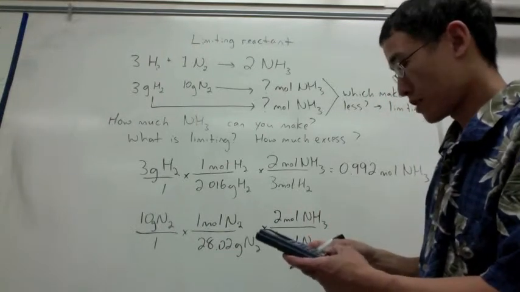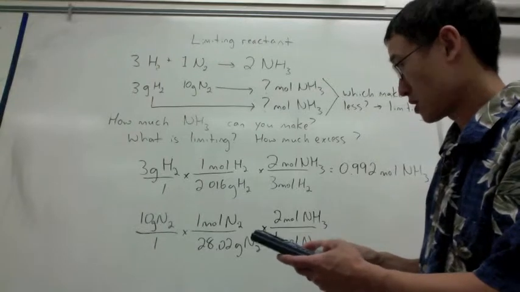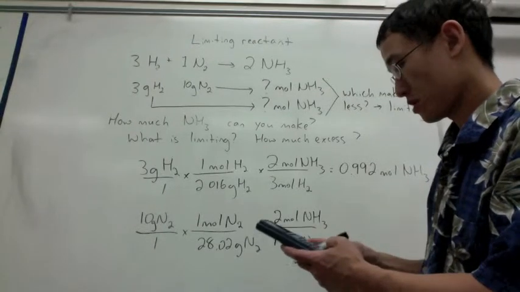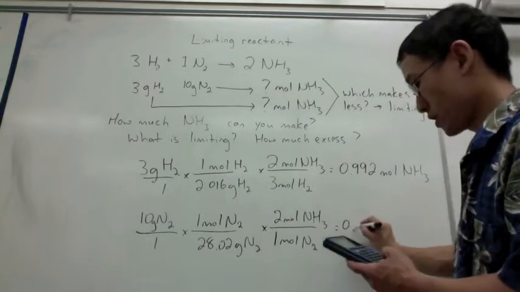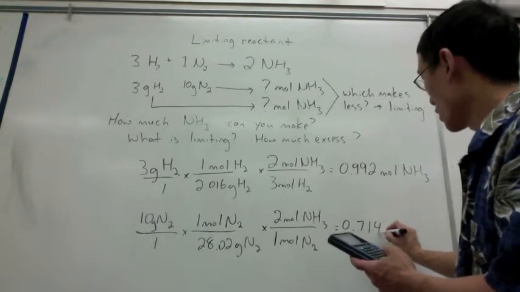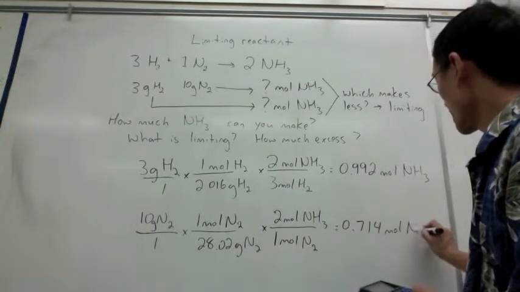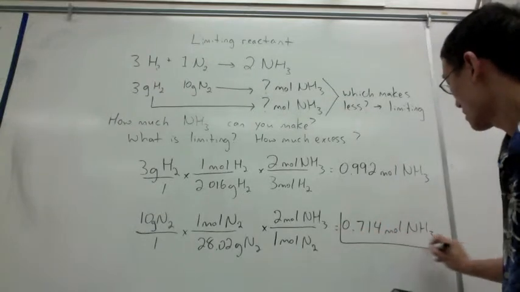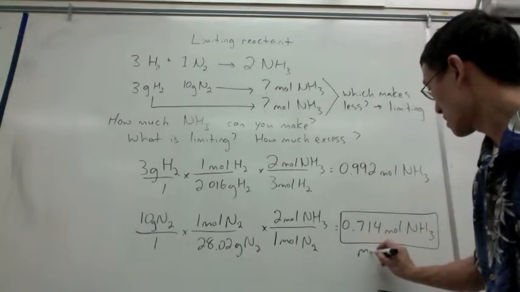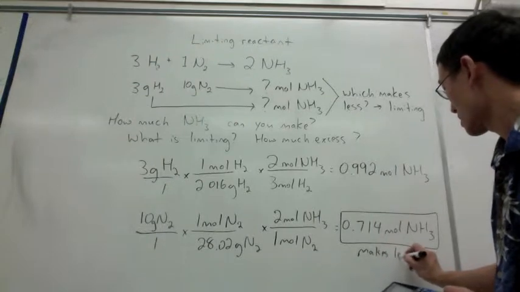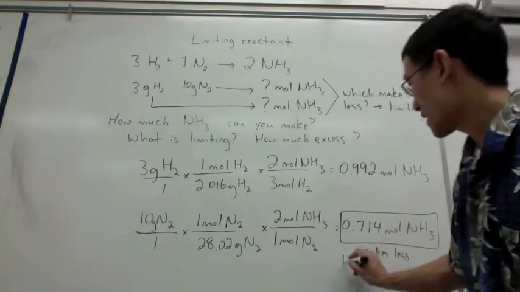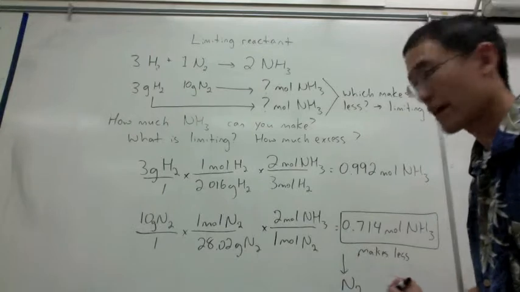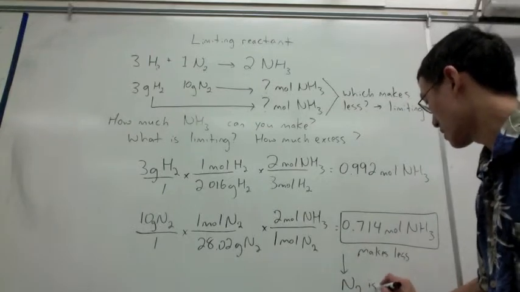So take 10 times 2, and that's 0.714 moles of NH3. Since this one makes less, that gives me nitrogen as my limiting reactant.